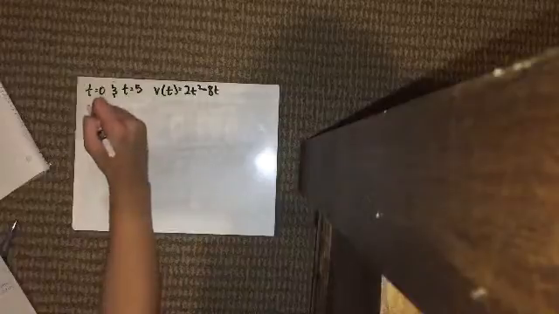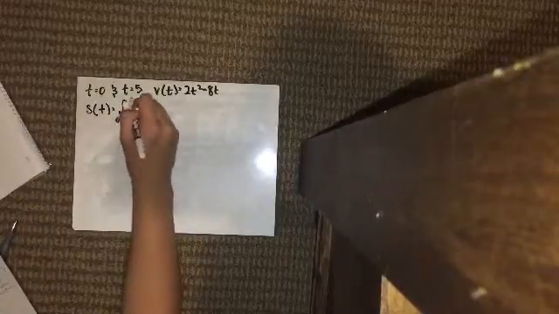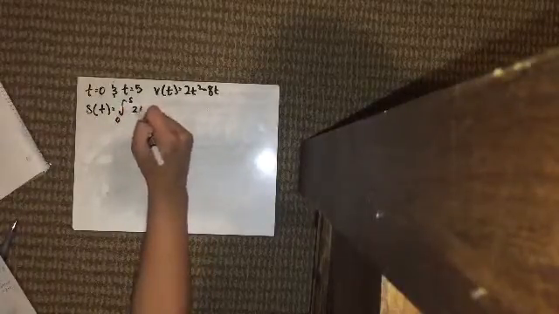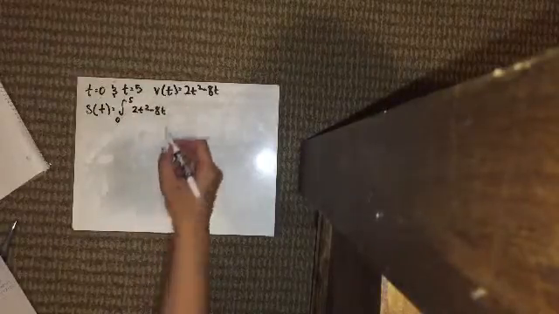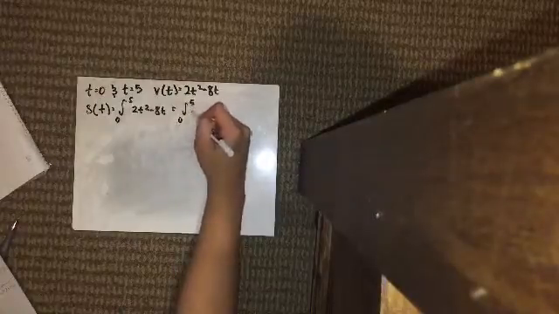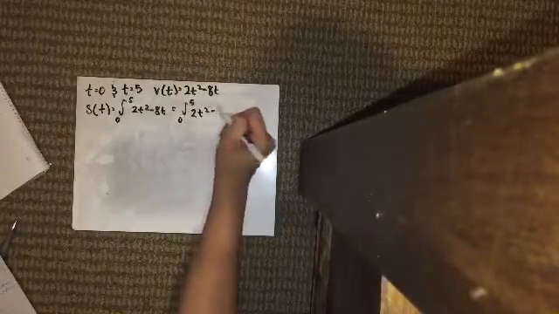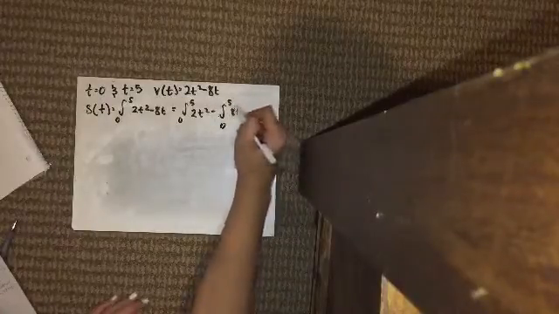So in order to get displacement, we have to antiderive our velocity formula. So 2t squared minus 8t. And we could separate this into 2t squared minus 8t.